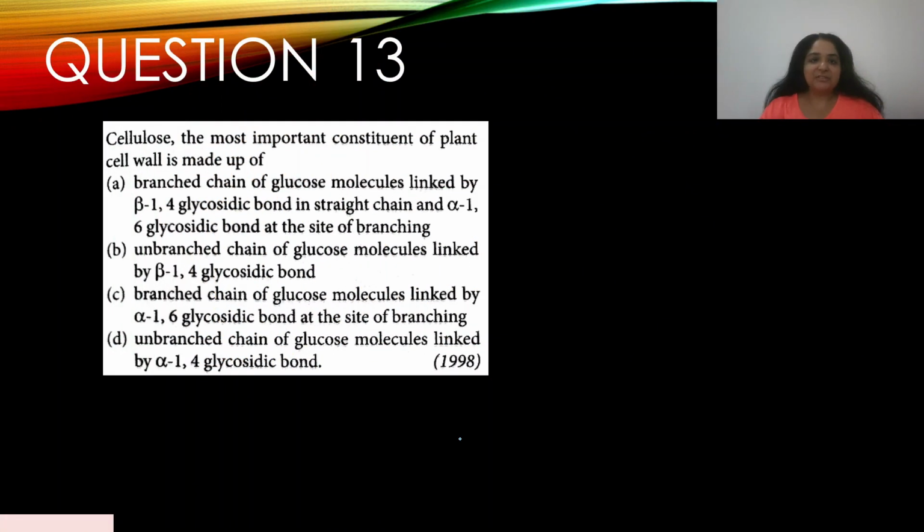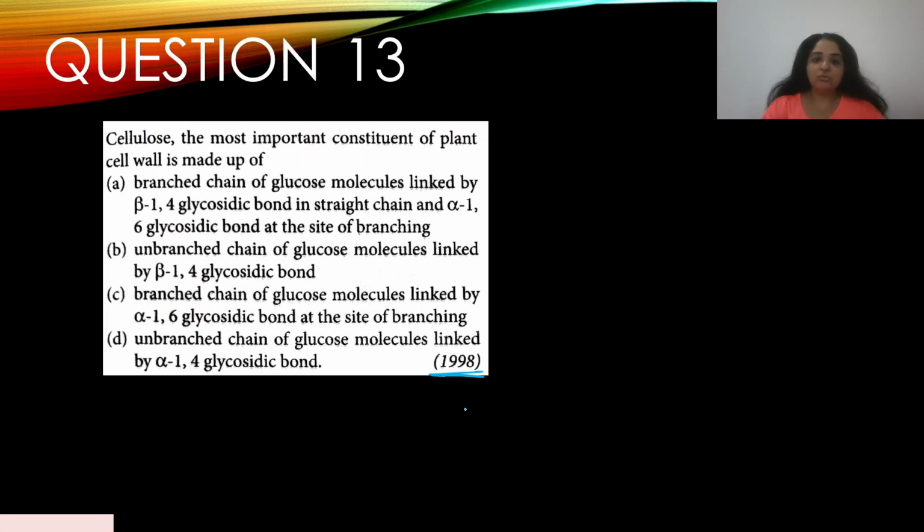Question number 13. Cellulose, the most important constituent of plant cell wall, is made up of, and this appeared in 1998. A. branch chain of glucose molecules linked by beta-1,4-glycosidic bond in straight chain and alpha-1,6-glycosidic bond in the site of branching. B. unbranched chain of glucose molecules linked by beta-1,4-glycosidic bond.